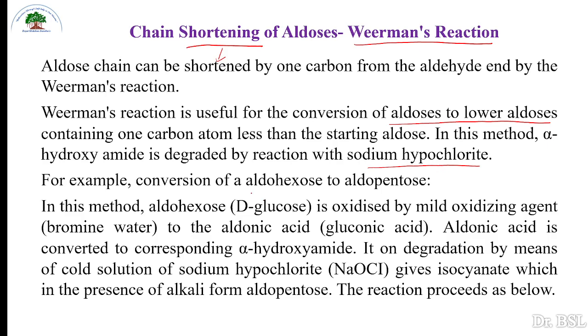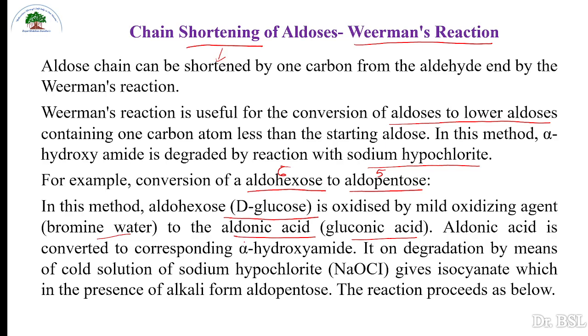For example, conversion of aldohexose to aldopentose. Aldohexose contains 6 carbon atoms and aldopentose contains 5 carbon atoms. In this method, aldohexose, that is D-glucose, is oxidized by a mild oxidizing agent, bromine water, to the aldonic acid, that is gluconic acid.